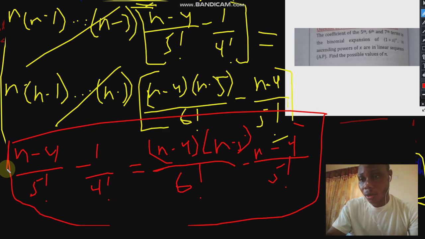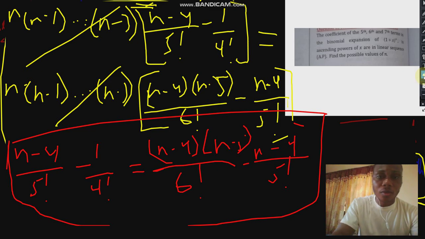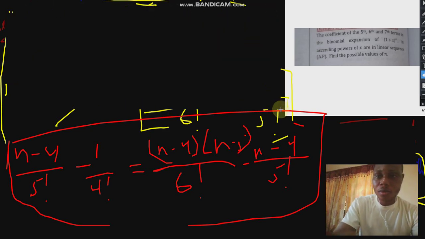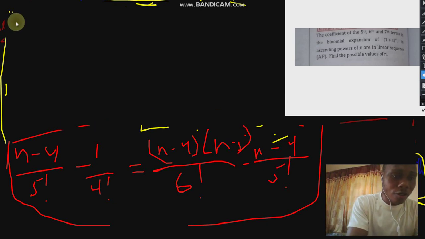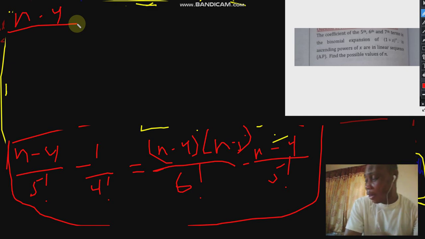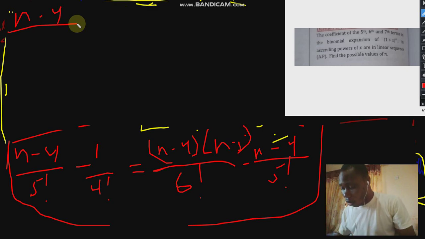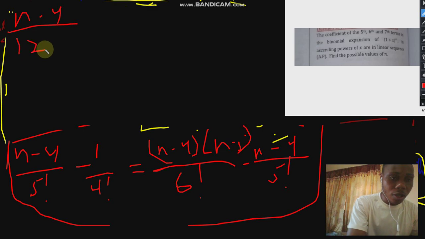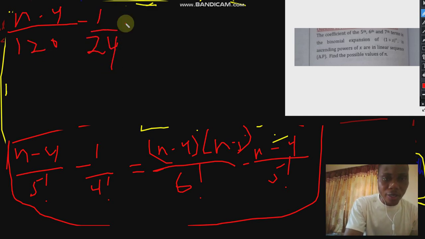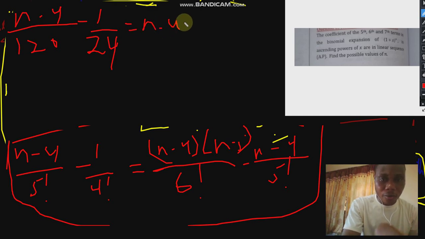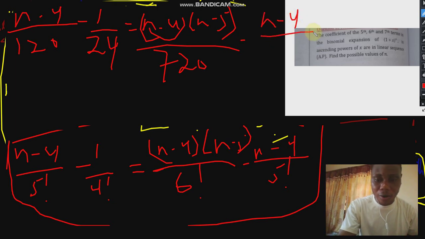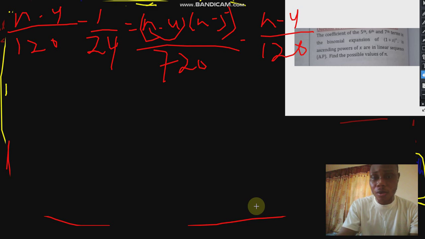Now let me take my calculator. 5 factorial is 120, and 4 factorial is 24. Then 6 factorial is 720, and 5 factorial is 120.